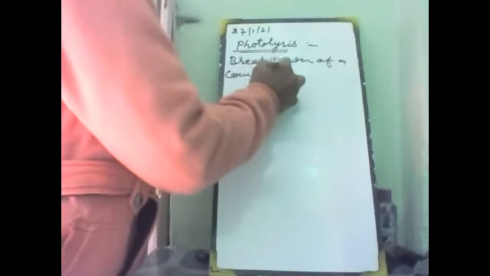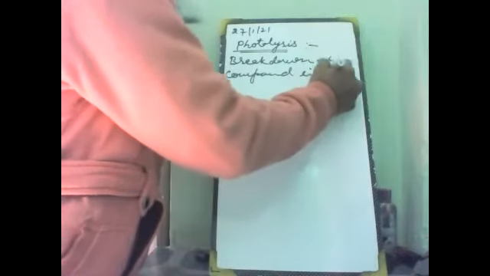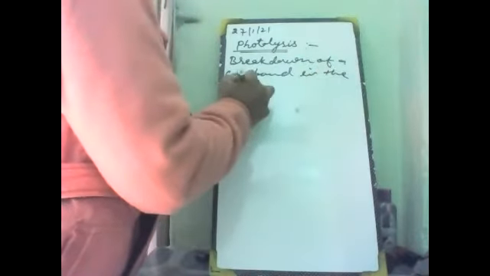Decomposition of a compound in the presence of light is known as photolysis. Photo means light and lysis means breaking of something.